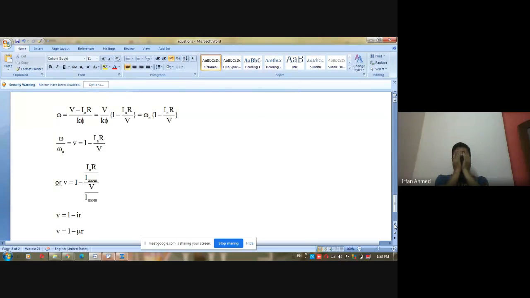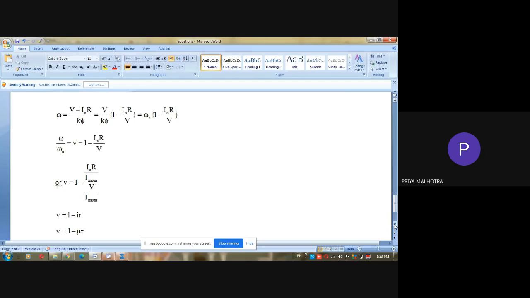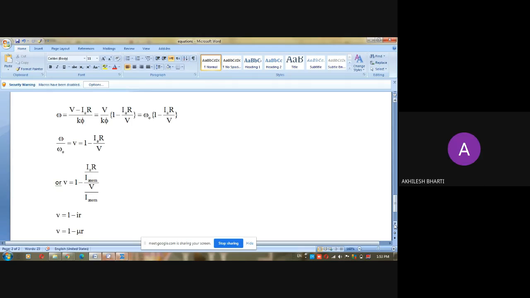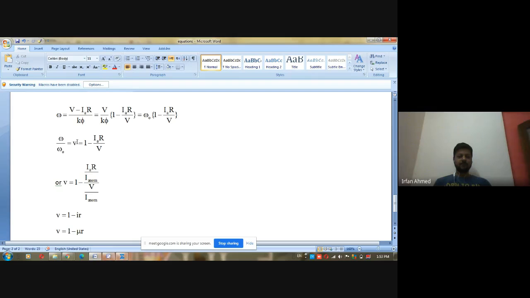What is small v? It is the per unit speed. Small v is equal to omega upon omega 0, that is the per unit speed.